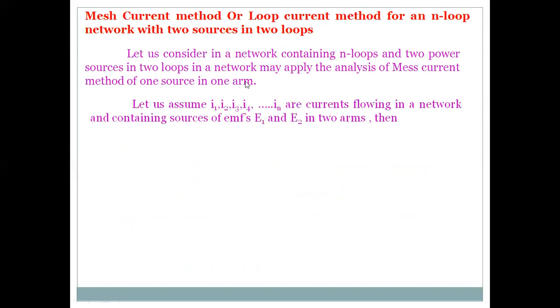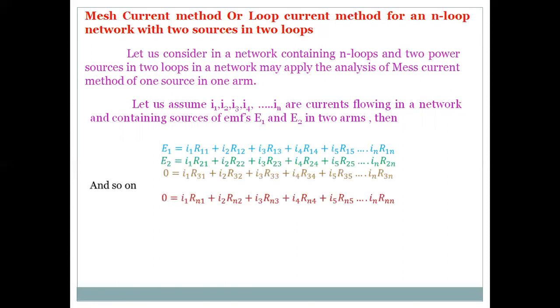Where I1, I2, I3, I4, and IN are currents flowing in a network containing sources E1 and E2 in the first two arms. Then how can we write the same equations as above?